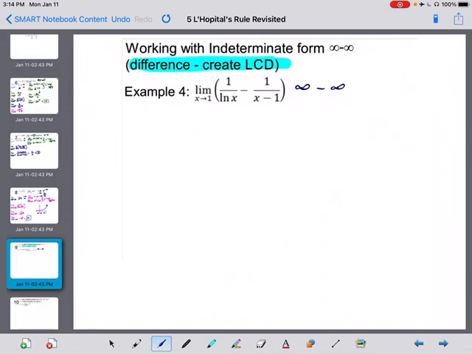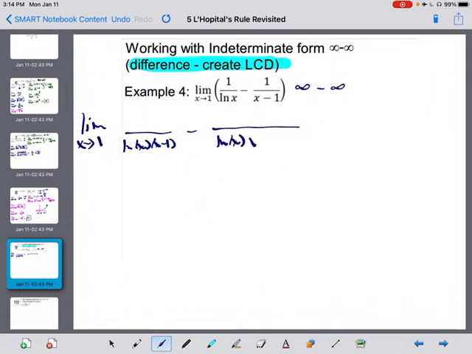My common denominator is going to be ln of x times x minus 1, so the limit as x approaches 1, and my common denominator here is going to be ln of x times x minus 1.